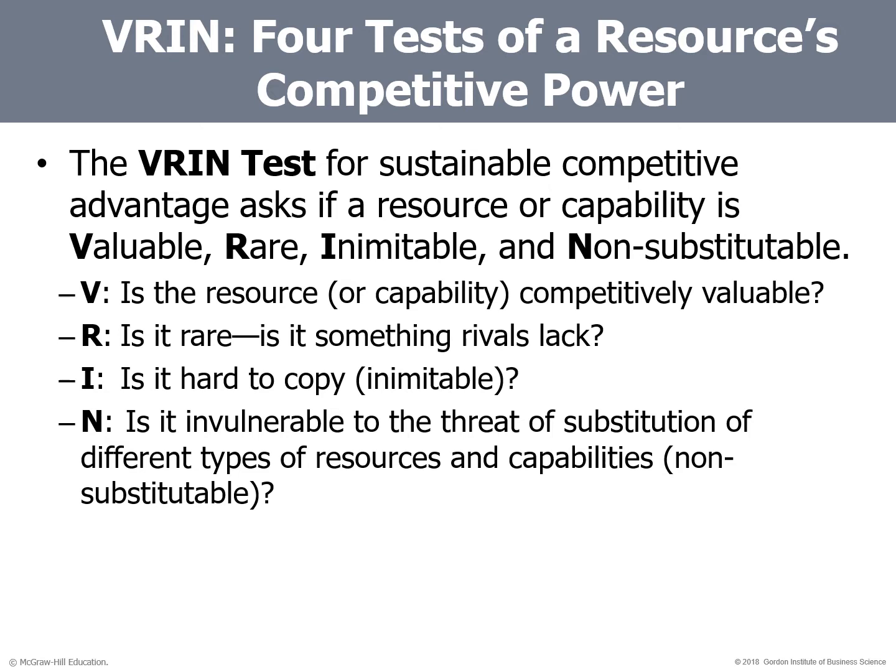The first 2 tests determine whether a resource or capability can support a competitive advantage. The other 2 determine whether the competitive advantage can be sustained, because if your competitors can imitate what you have, or they can substitute what you have, then it means your competitive advantage or your resources are not sustainable going forward.